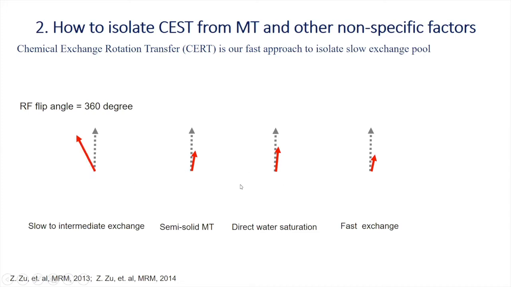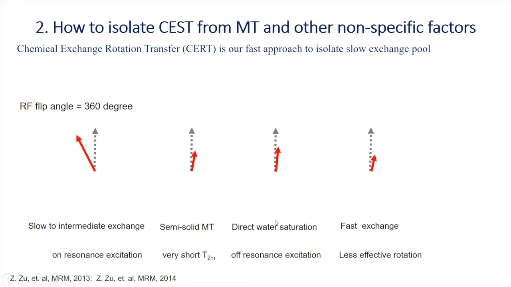Why? First, for these spins, the RF pulse is applied on the solute, so it's actually on-resonance excitation, so it has a rotation effect. But for the semi-solid pool, since the T2 of the solid pool is very short, we don't have a rotation effect. And for direct water saturation, our RF is applied on the solute, but not water.